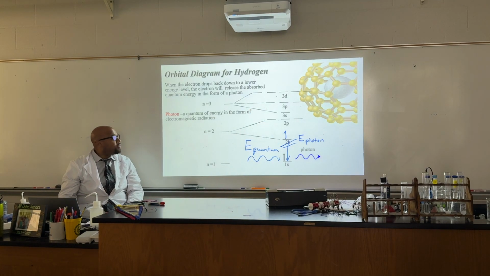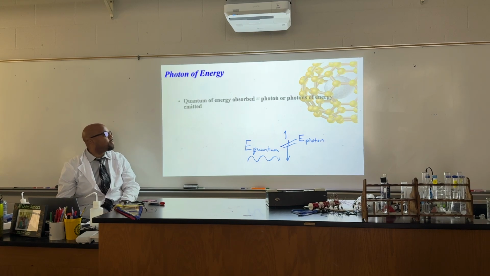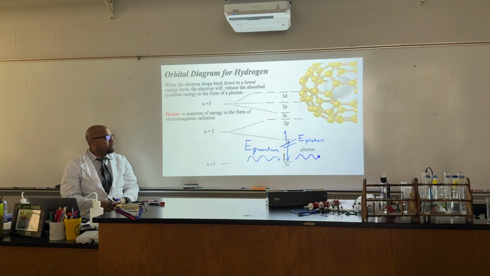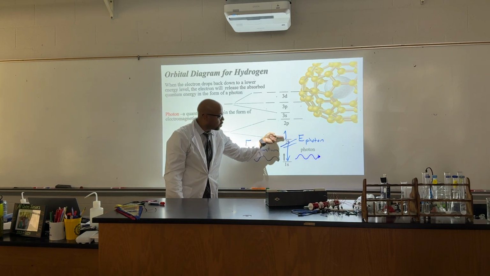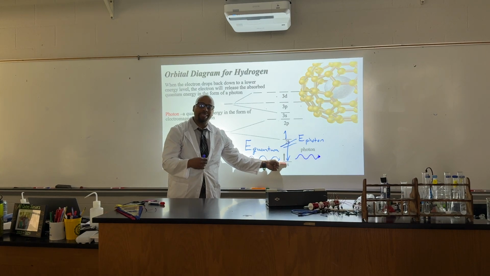Now, when you look at the notes here, it says right here, the quantum of energy absorbed is equal to the photon or photons of energy emitted. Well, if you look at it, the energy of the quantum is equal to the energy of the photon that's being emitted. But you'll also notice that I said plural as well.